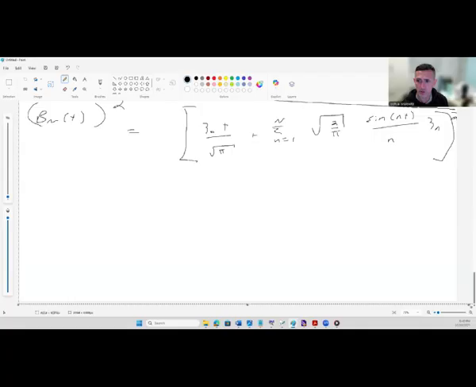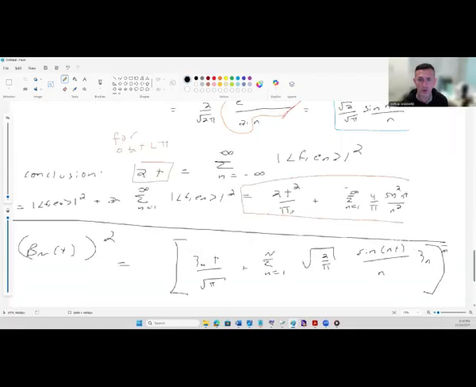Yeah, so you square this. Okay, you should see kind of what's going on here. It's very akin to having orthogonality.